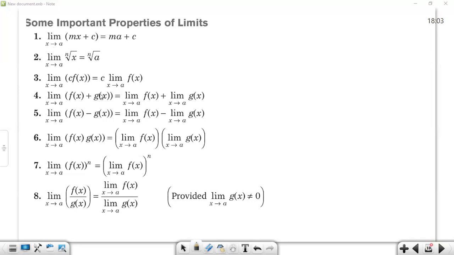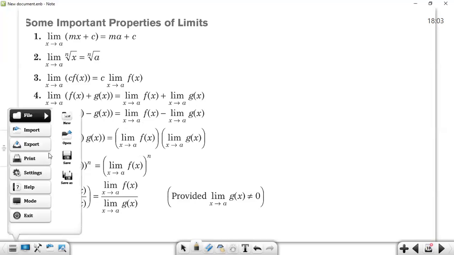Whenever two functions are multiplied, divided, added or subtracted, the limit operation can also be applied separately on those two functions. There is nothing more specific than that.